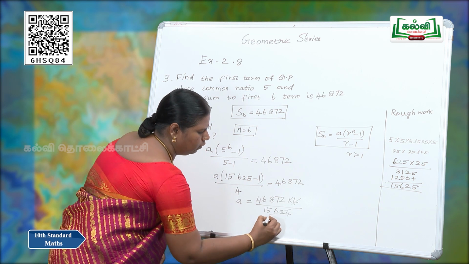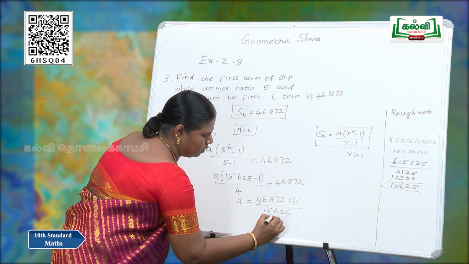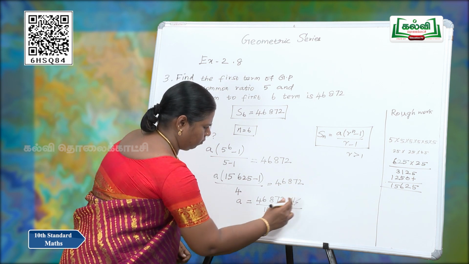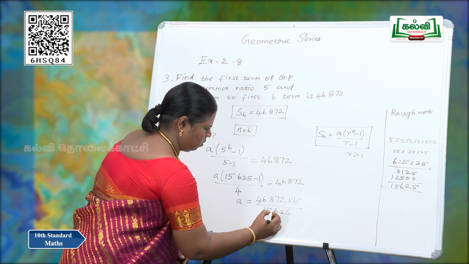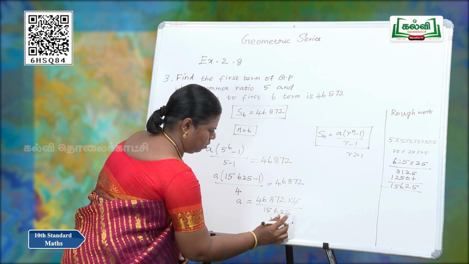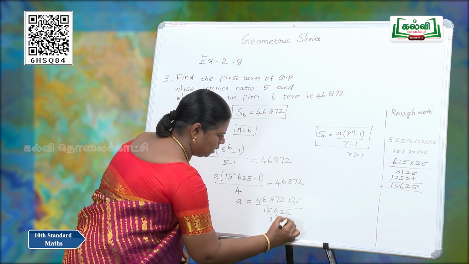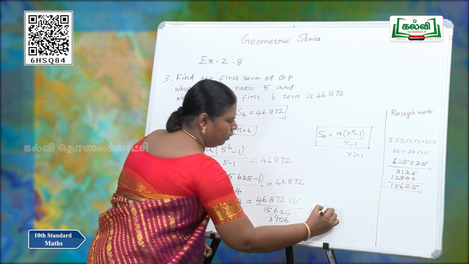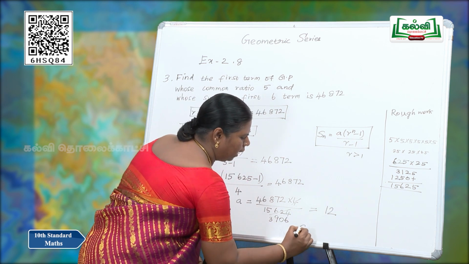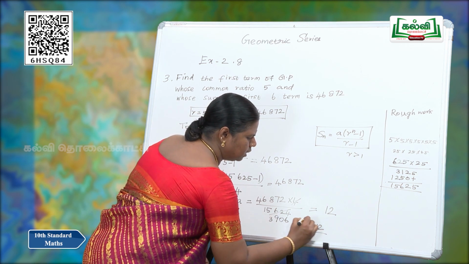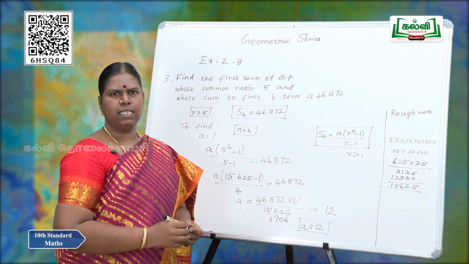Cancel with 4 and dividing, we will have 12. So, A is equal to 12. The first term of the GP is 12.